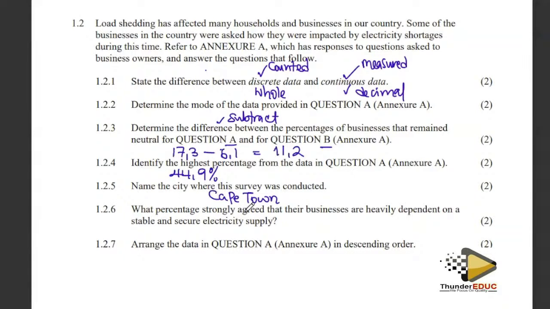It says, what percentage strongly agreed that their businesses are heavily dependent on a stable and secure electricity supply? So we are looking at those who said strongly.